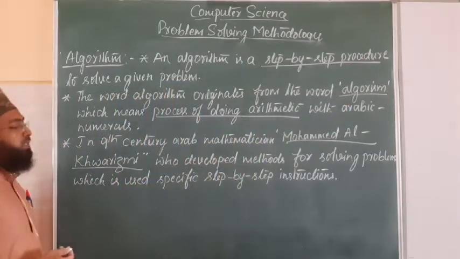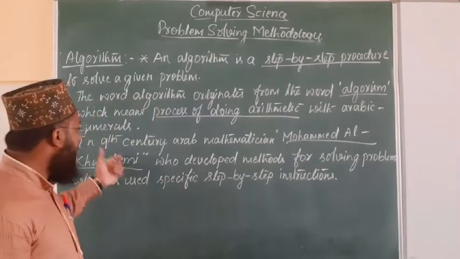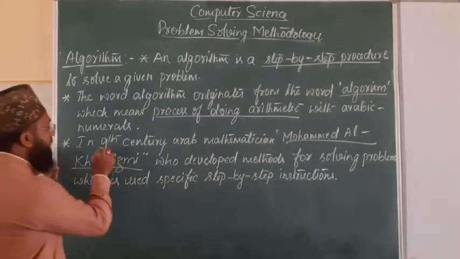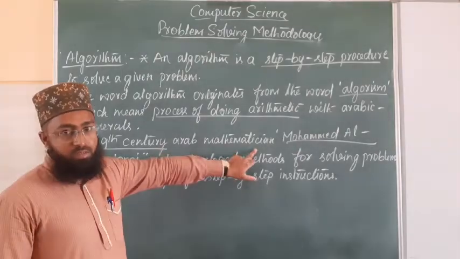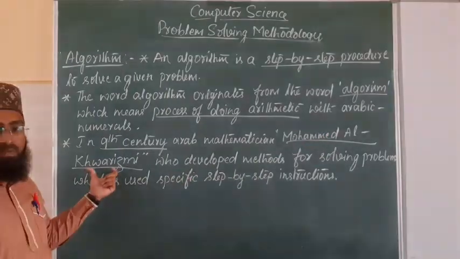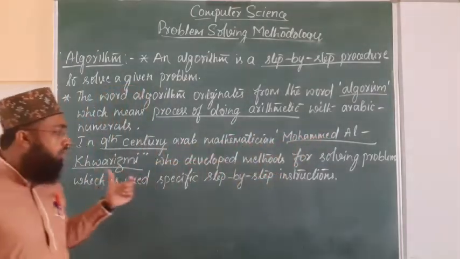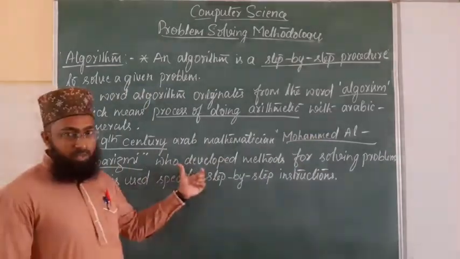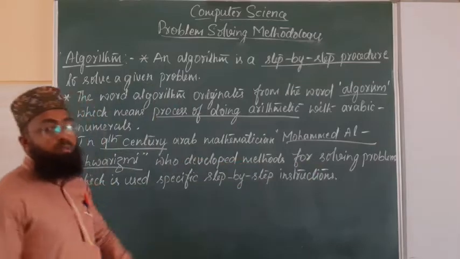Next, who is the person who developed this algorithm? In the 9th century, an Arab mathematician by the name Muhammad al-Khwarizmi developed methods for solving a problem.